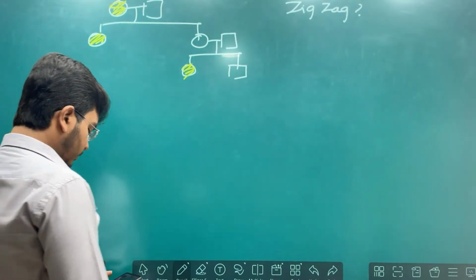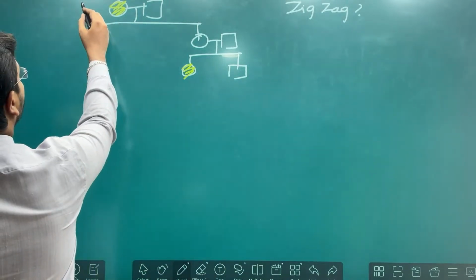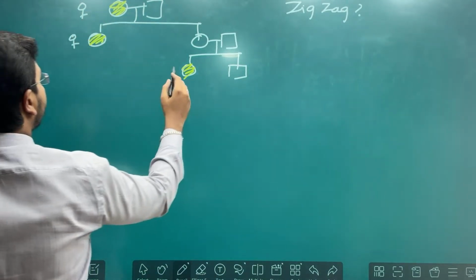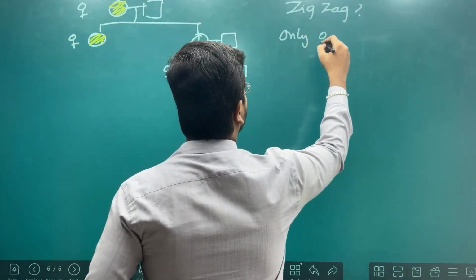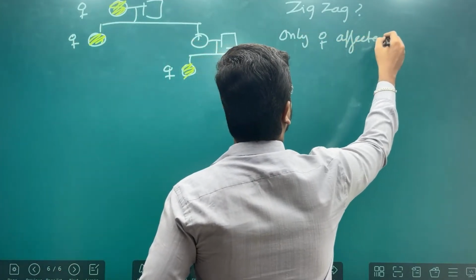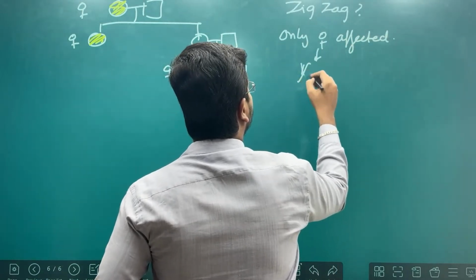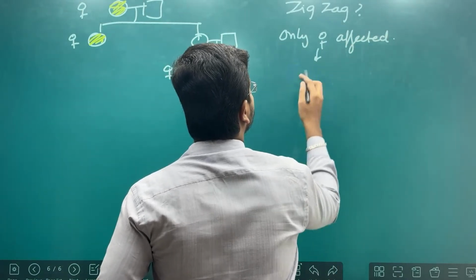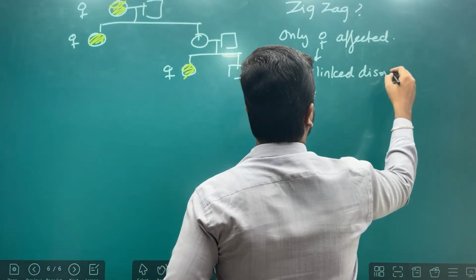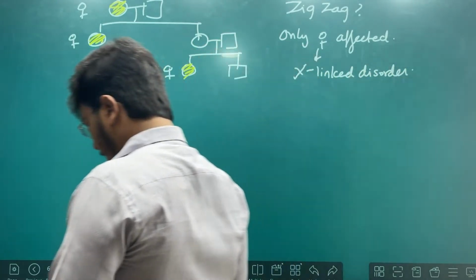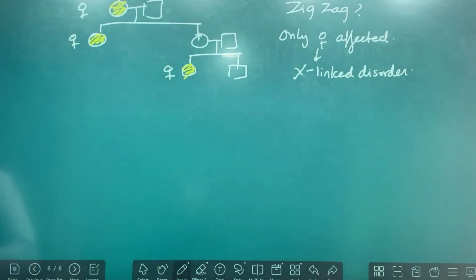No. Can you see? Female is affected, female is affected, female is affected. Only females are affected. Then what is that? The answer is, it is called an X-linked disorder.